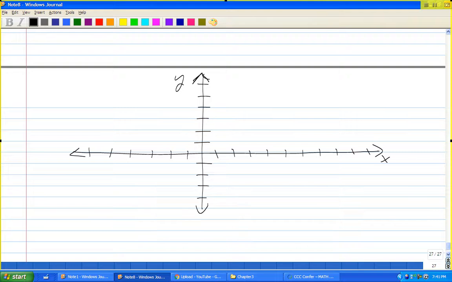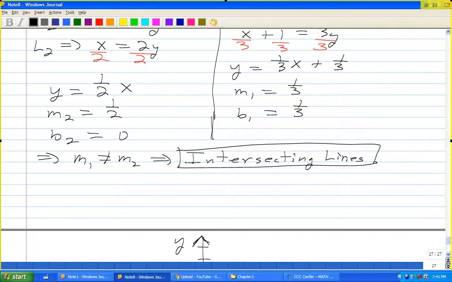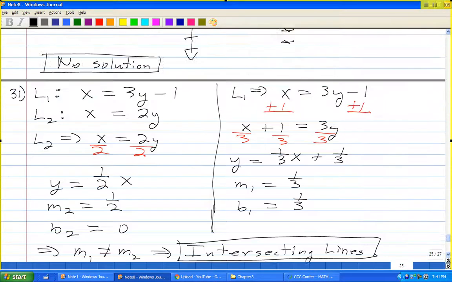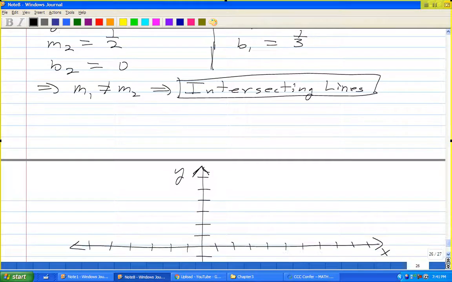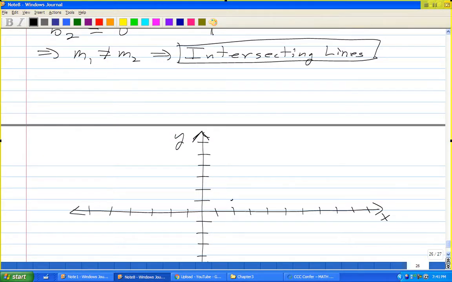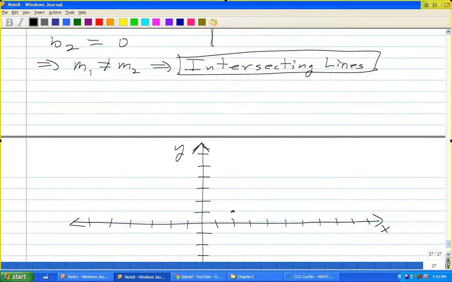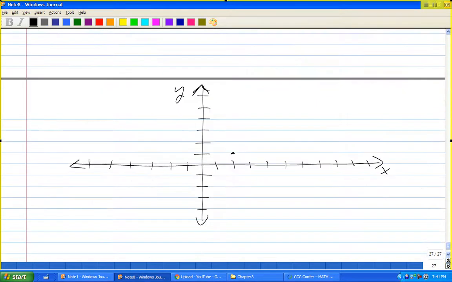Okay, so let's see. For the first line, (1, 2) is a good point. Oh, (2, 1). Okay, so (2, 1). And you have a slope of 1/3, so over 3, up 1.